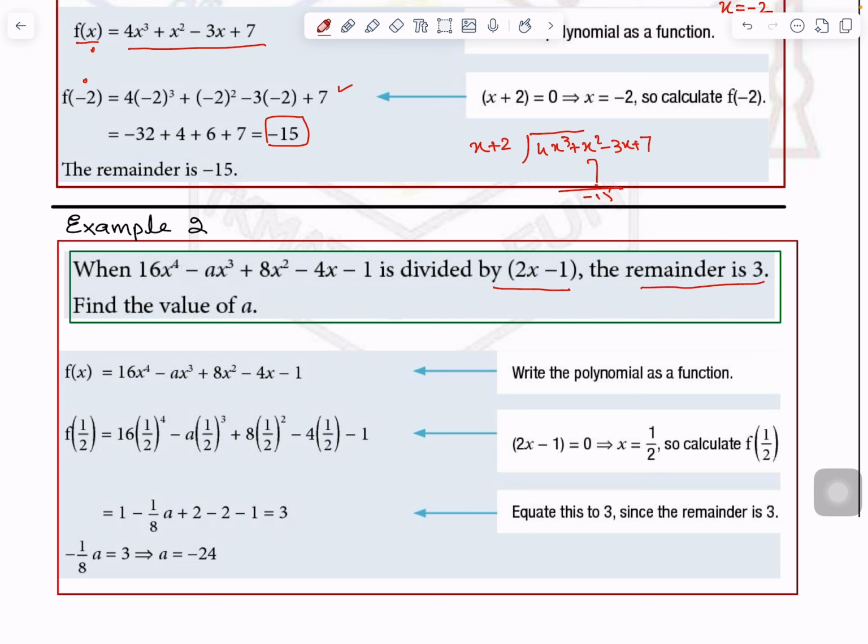So what do you do? You put this equal to 0, like it is done here, you get the value of x, and that value of x you substitute in the polynomial function given to you. So what do you get at the end? This equation, and when you solve it you get a equals minus 24. So these are straightforward cases, right?